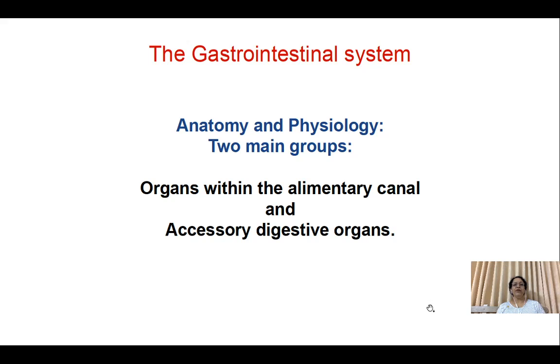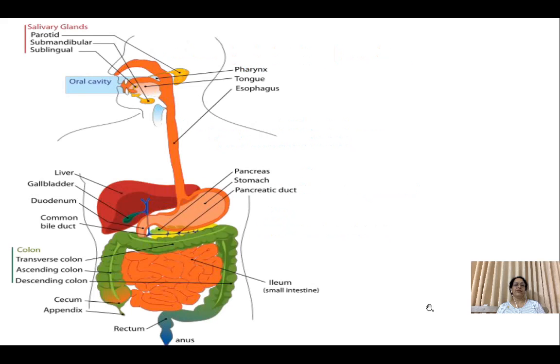In the anatomy and physiology, we'll see there are two main groups: one, organs within the alimentary canal, and accessory digestive organs. Here in this figure, you can see the parts of the alimentary canal, including the oral cavity, then esophagus, stomach, duodenum, small intestine, that is ileum, large intestine, rectum, and anus.